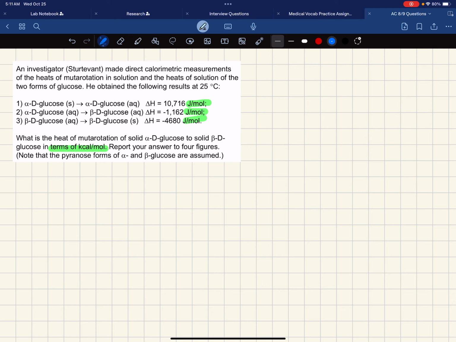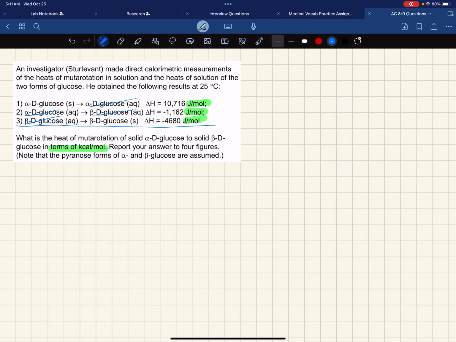And so the way that I would start this is like I actually rewrite everything out when I do these, but you don't necessarily need to do that here because the way that he's written them, if you added these straight down, alpha D glucose cancels out here. Like if I add them straight down like this, so alpha D glucose cancels with alpha D glucose here, and then the beta cancels out as well.